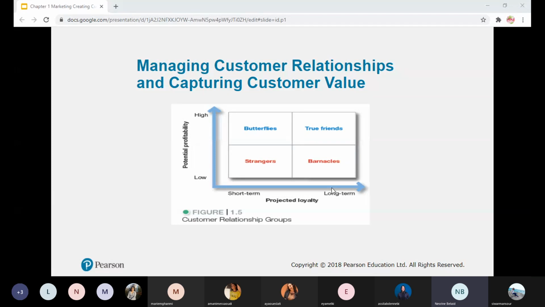Now, we have the not-for-profit marketing growth, the rapid globalization, and sustainable marketing. Marketing has also become a major part of the strategies of many not-for-profit organizations, such as hospitals, museums, zoos, foundations, and so on.